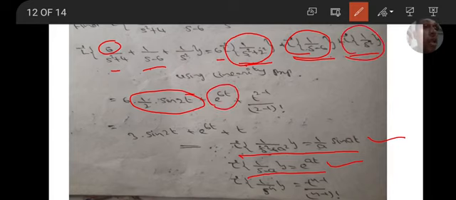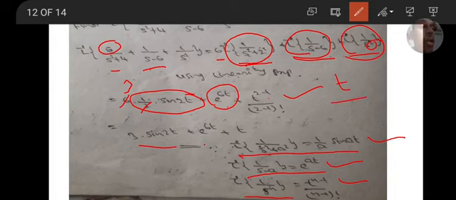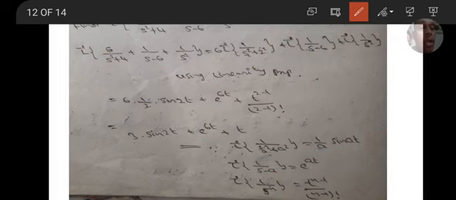And L inverse of 1/s square is of the 1/s to the power of n form, that is t to the power of n minus 1 by (n minus 1) factorial, n equal to 2. So t to the power of 2 minus 1 by (2 minus 1) factorial. Here 2 and 1/2: 6 by 2 is 3, so 3 into sin 2t plus e to the power of 6t. t to the power of 2 minus 1 means t by 1 factorial, which is 1, t by 1 means t. Okay, 3 sin 2t plus e to the power of 6t plus t is the answer.